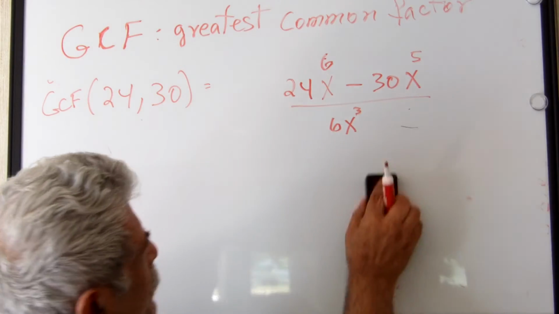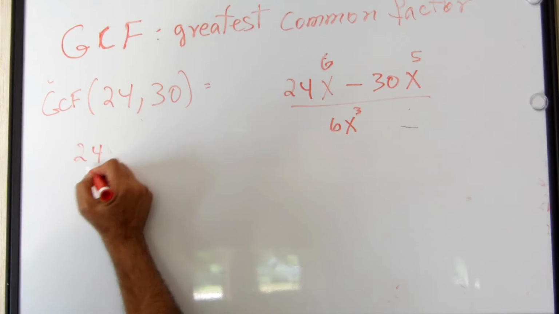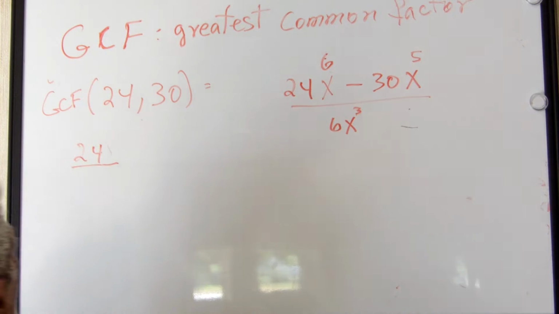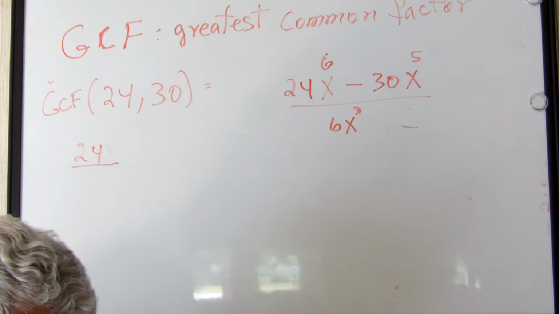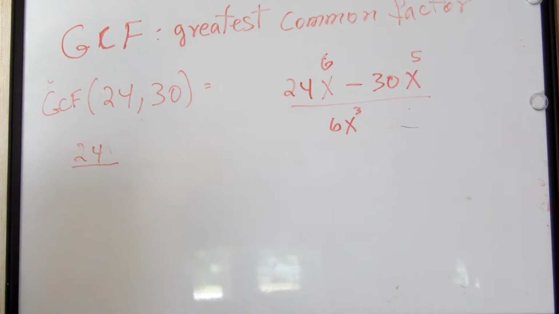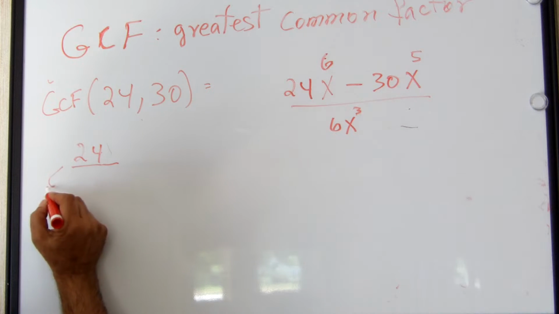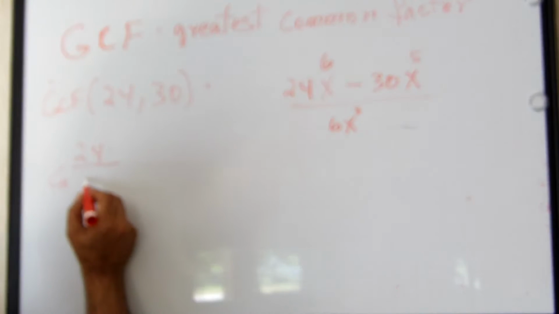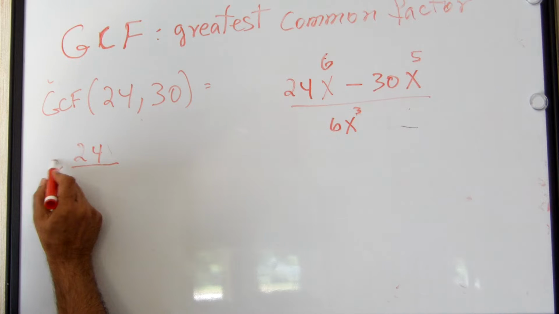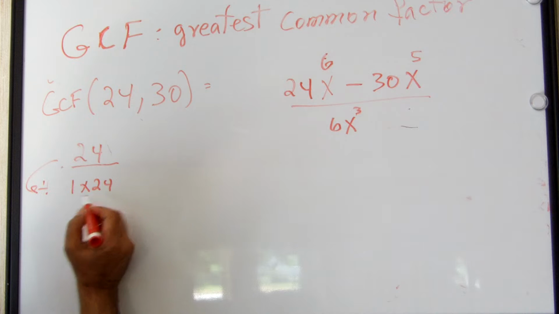Now let's first of all find the GCF of 24 and 30. For 24, you divide the number by other numbers. 24 divided by 1 is 24.